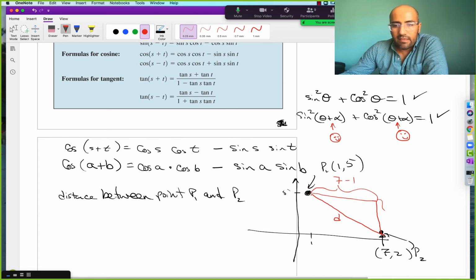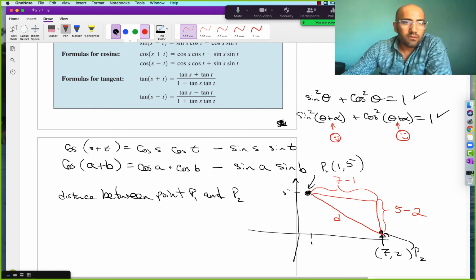And then this distance right here is going to be the subtraction of the y-coordinates. It's going to be 5 minus 2. And then we use Pythagorean theorem. Distance. So d squared is going to be equal to the 7 minus 1 squared plus the 5 minus 2 squared.